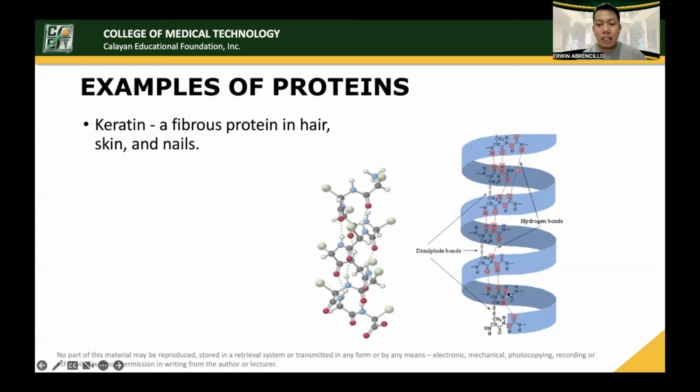Each one, again, are the amino acids that are linked together by disulfide bonds. Disulfide bonds mean sulfur to sulfur, and then hydrogen bonds, H to H. And of course, there's also the polypeptide or peptide bond. So again, keratin is also a strong protein because of too many bonds among the elements found in the formula.